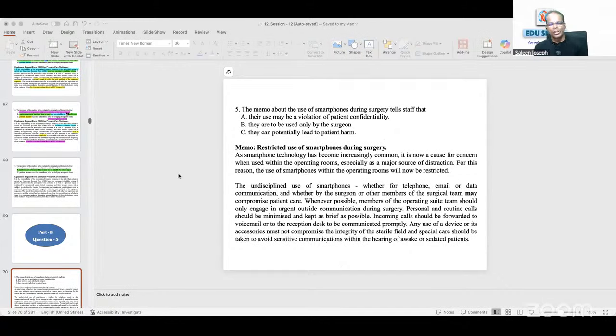Come on, smile. We are going into the question. Hope you have some energy. The memo about the use of smartphones during surgery tells staff that.